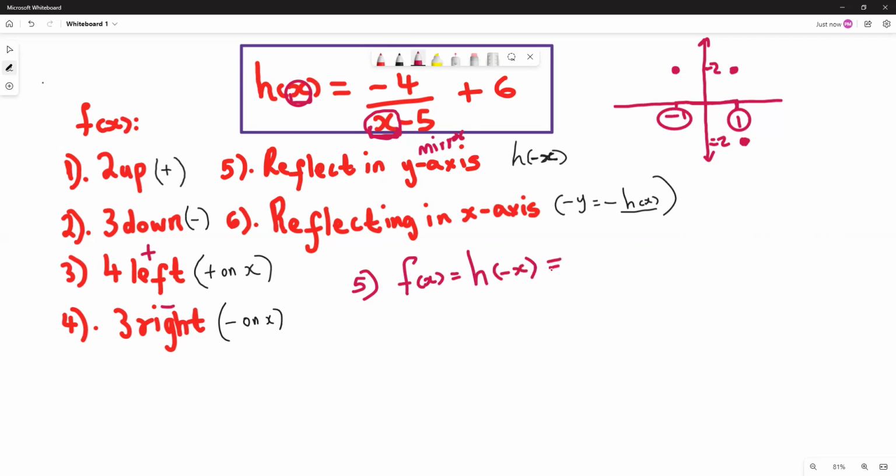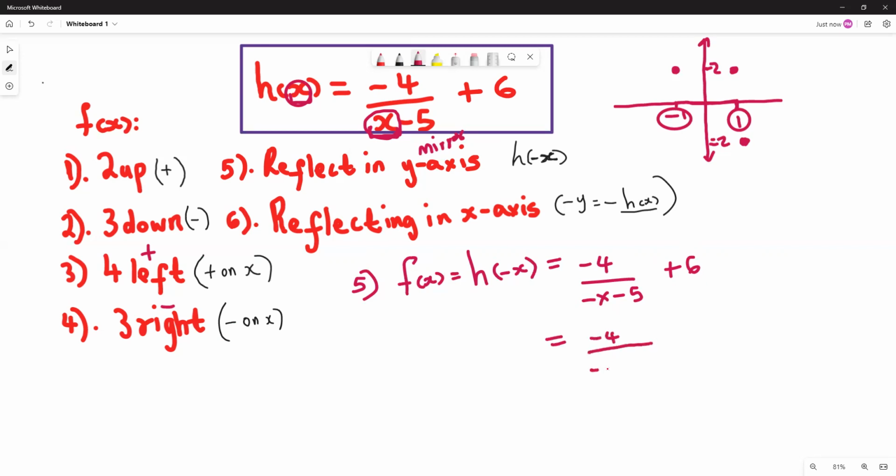Then now we have to substitute that. So where I see x, I'm going to put negative x. So I have minus 4 over negative x minus 5, right? Then plus 6, right? Some people simplify it further. They prefer the x being positive there, so they do this.